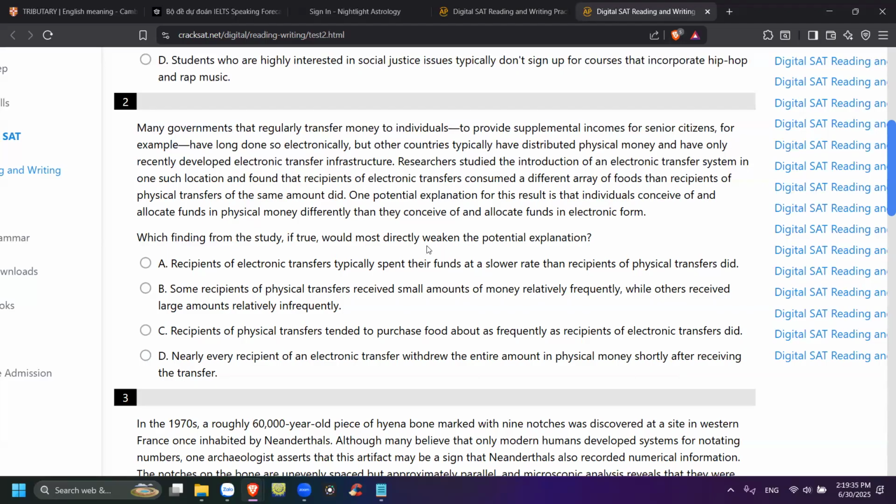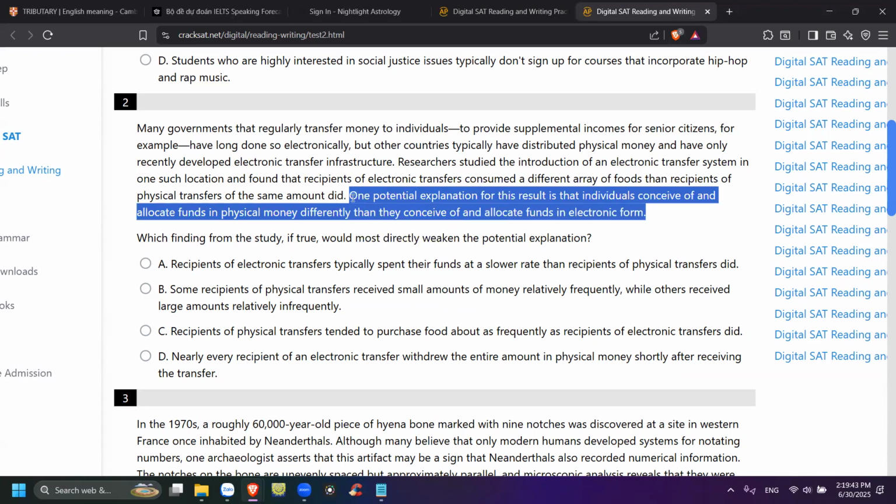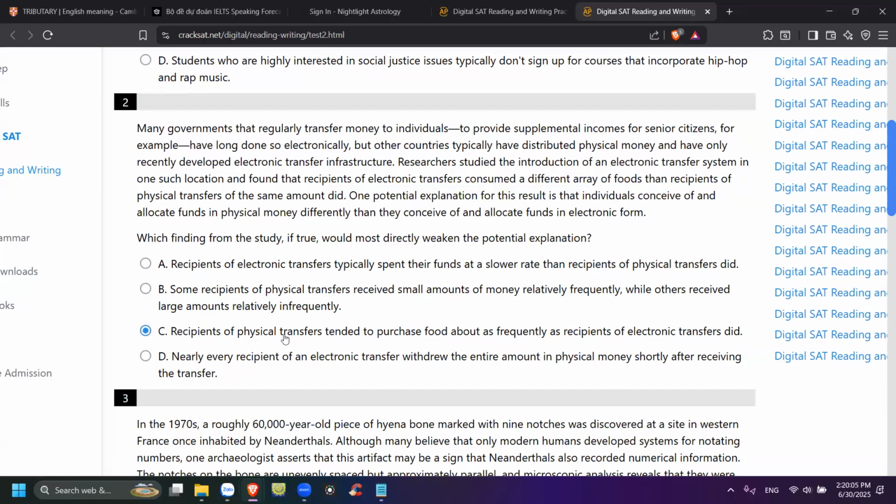I choose C. Careful, it has to weaken the potential explanation directly. So what is the potential explanation? That individuals conceive of and allocate funds. So they conceive of it, they see it, understand it, and allocate funds in physical money, or they conceive of it in different forms. So it has to be the opposite of this one, yeah? I choose C, recipient transfer. Yeah, because it's the opposite.